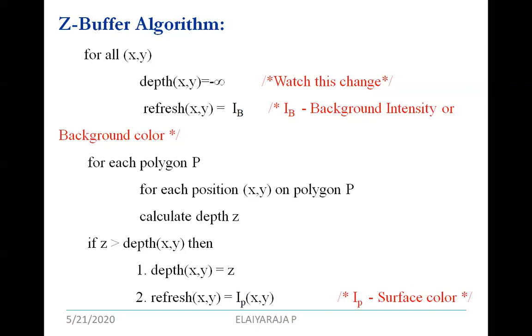Suppose, for example, assume I have one image triangle which is projected on the projection plane, and on that projection plane it starts at y equal to 1, and I know the maximum pixel of the triangle ends at y equal to 10.